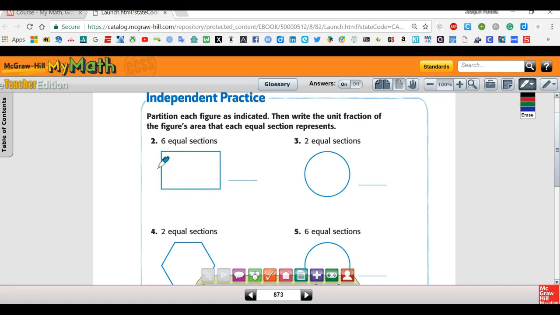But myself, I like to do it this way. Fewer lines, huh? But did I still get 6? Yes. So what would be my unit fraction for number 2? Write the unit fraction. 1/6.